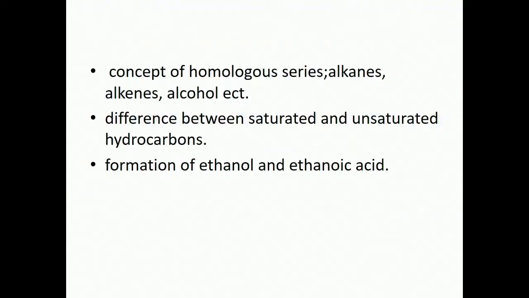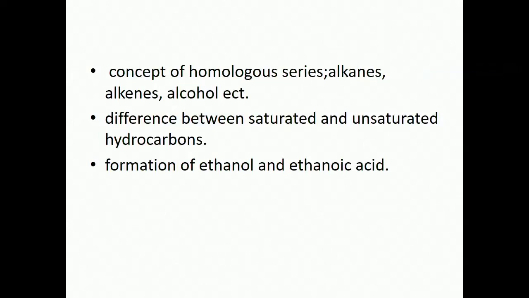Okay. Then we move on to the topic of organic chemistry. Here you should be able to know the concept of homologous series, what it is, and what the members of the family of homologous series are.